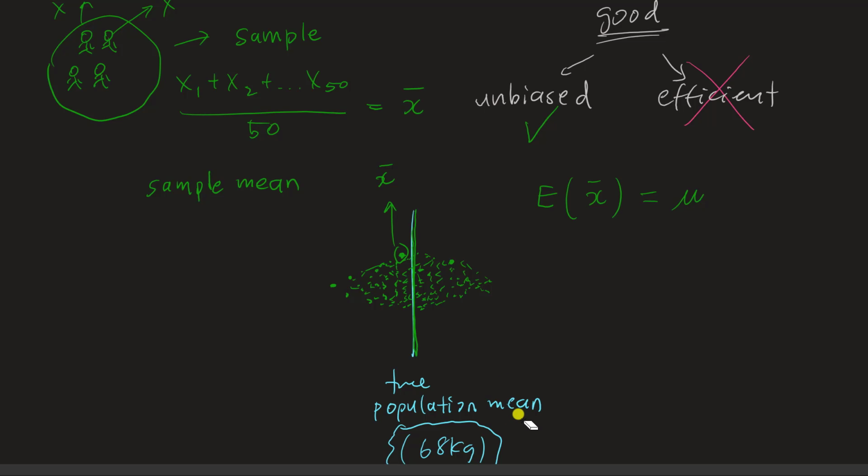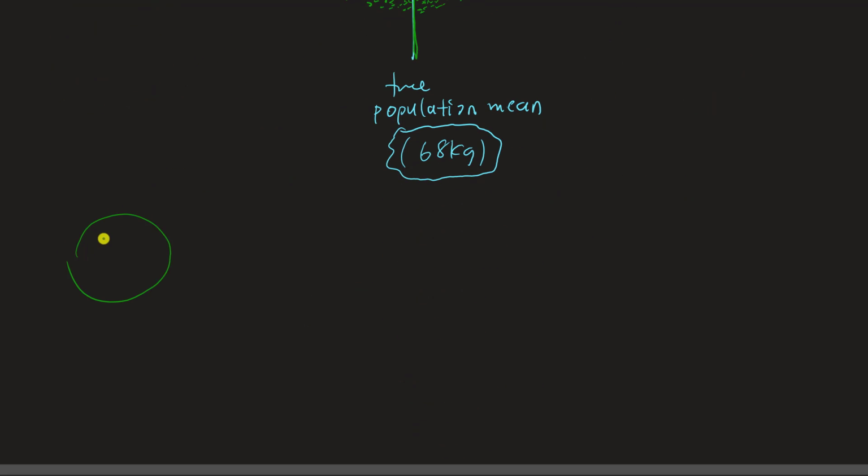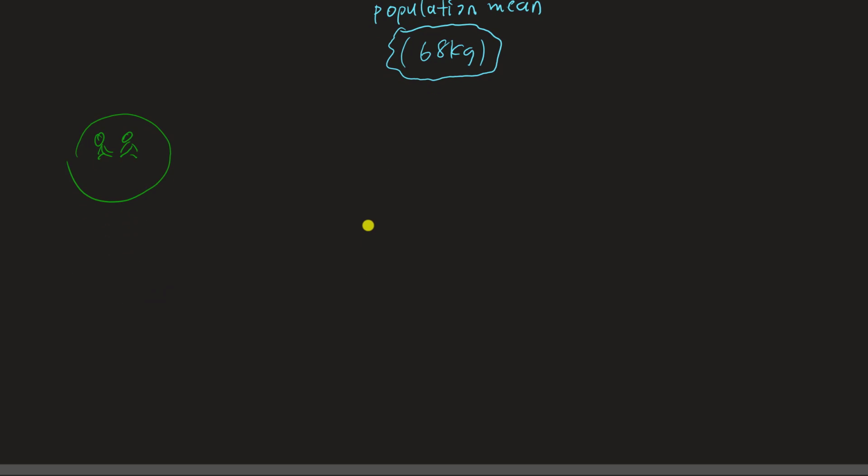Now let's move on. When we take a sample of 50 people, not only can we find the mean of the sample, we can also find the variance of the sample. So once again, you have that same group of 50. We can find these 50 people's variance. In other words, we are finding the sample variance.